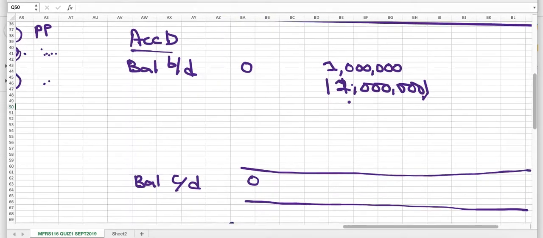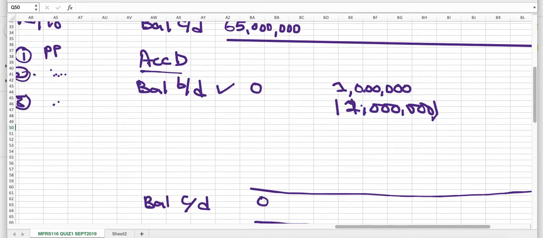It's correct. Do you see the balance b/d is 2 million? So this is the one that we eliminate. So this is eliminate accumulated depreciation.